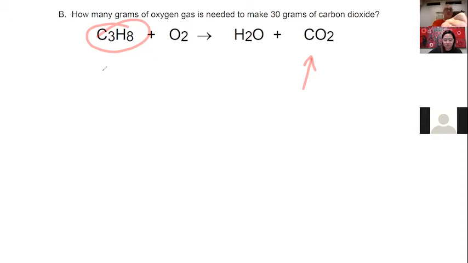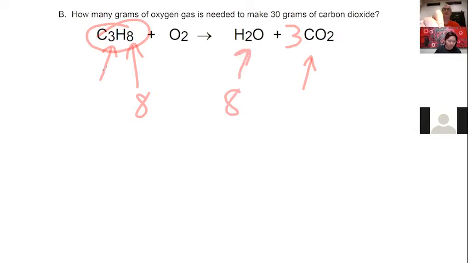If there's 3 carbons here, you automatically have 3 carbons there. The next thing you do is balance the hydrogens, because again, the hydrogens only go to make one product, water. I have 8 here, so I need to put 8 there. And that means 4 waters.